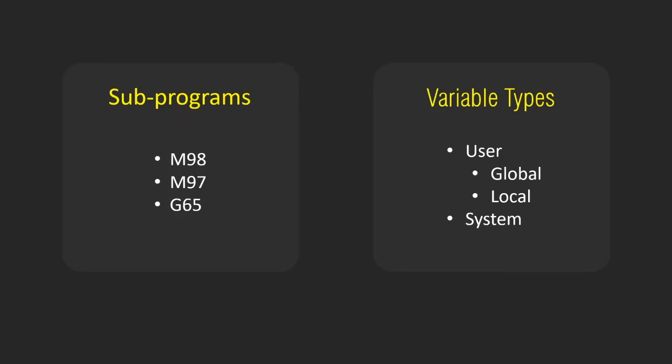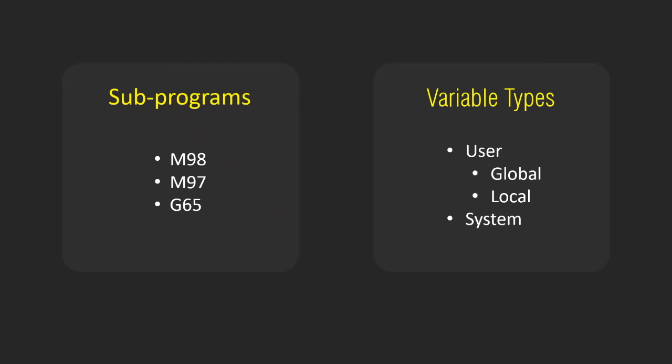Okay, so next we're going to look at a little bit more of the nuts and bolts of things. We're going to talk about really the two parts to macro programming, which are subprograms and variables. And you may already be familiar with M98 and M97, the global and local subroutines.